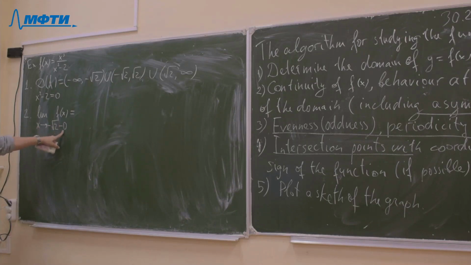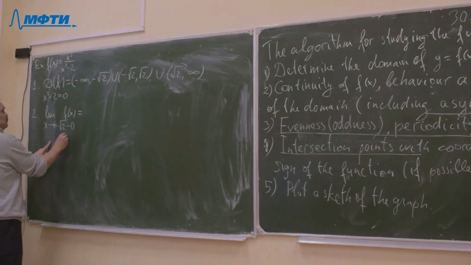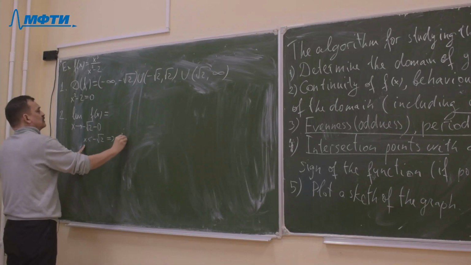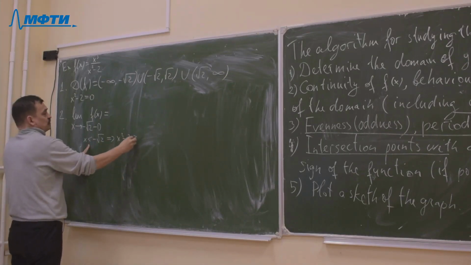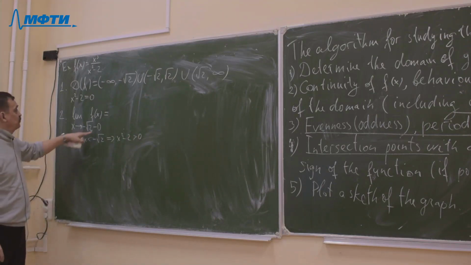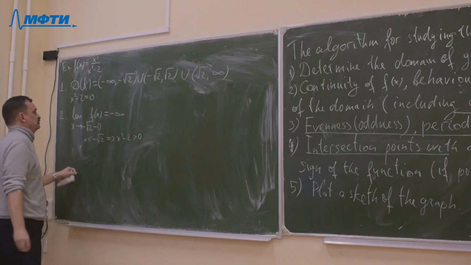Let's do it here. If x is less than minus square root of 2, then x squared minus 2 is positive, right? And x cubed is negative, so we have minus infinity.